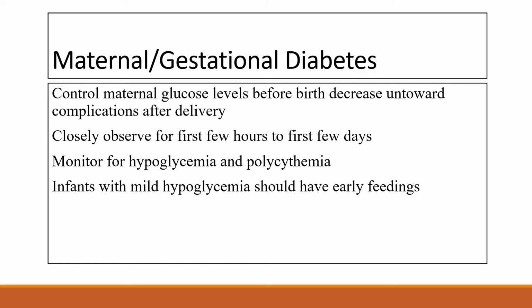Infants may also experience some mild hypoglycemia, and if they do, early feeding should begin. Hopefully the mom will be preparing to breastfeed and maybe expressing some colostrum to give to the baby. And if colostrum is unavailable or mom is not able to breastfeed, we may even offer early formula feedings.